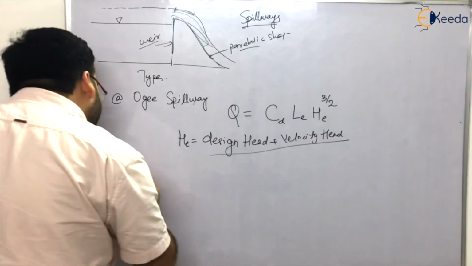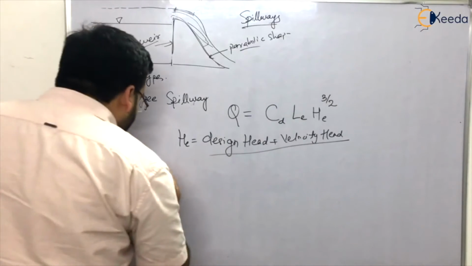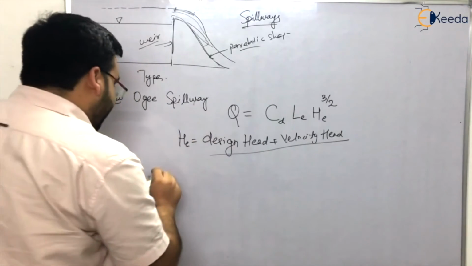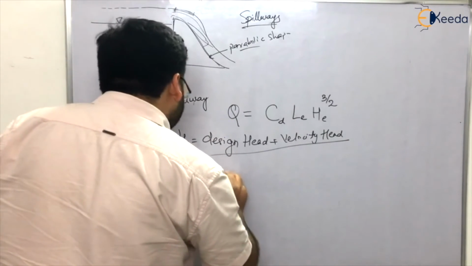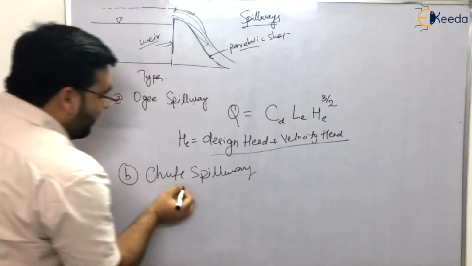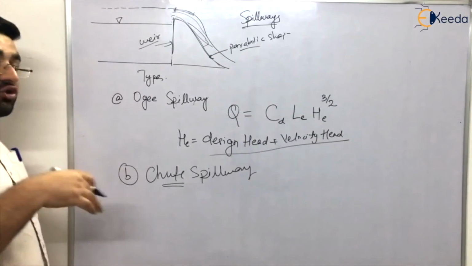The second type of spillway is known as the chute spillway. Why chute spillway? Because it has a shooting flow. What is a shooting flow? That is a supercritical flow.